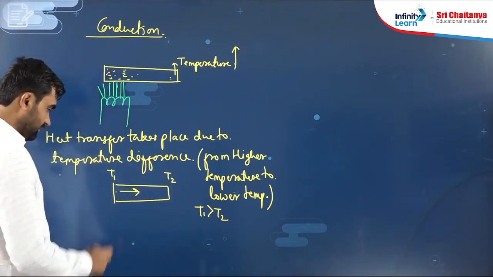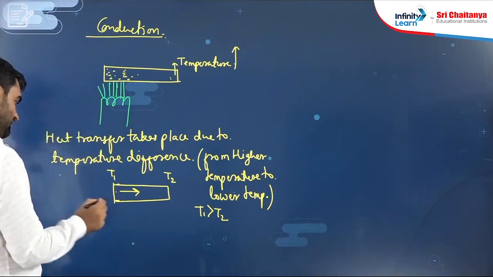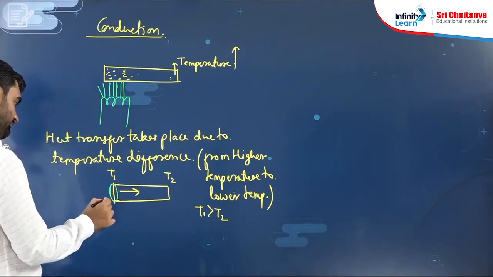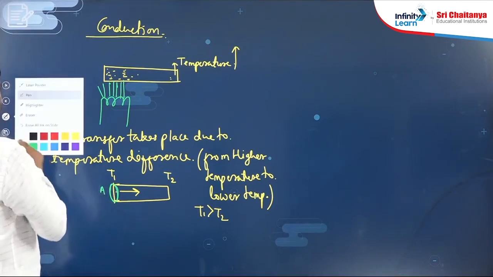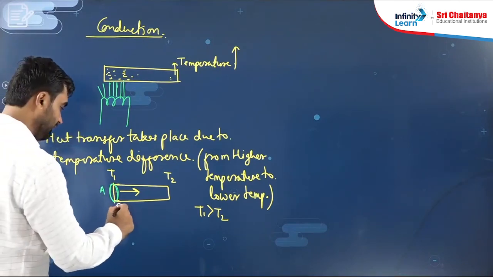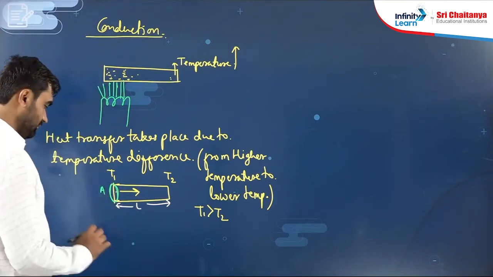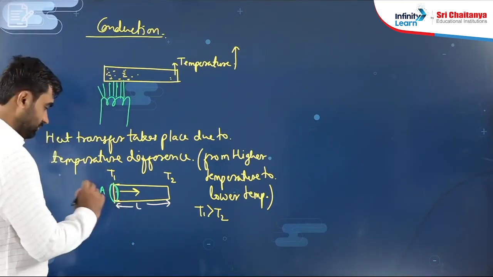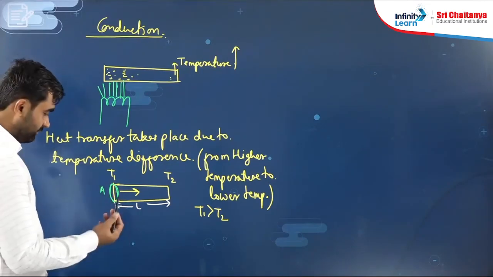Okay, now this is a rod and this rod's cross section area, here this is what? Cross section area. This area is A. And this rod length is L, this length is L. Okay, is it clear? Now understand, suppose how much heat is transferred?